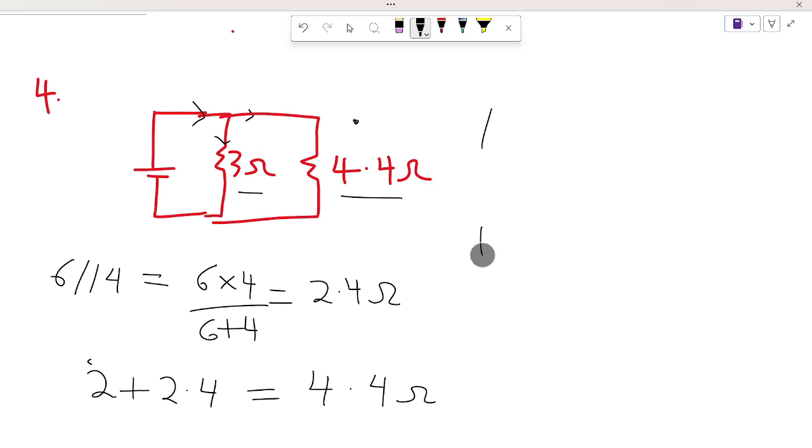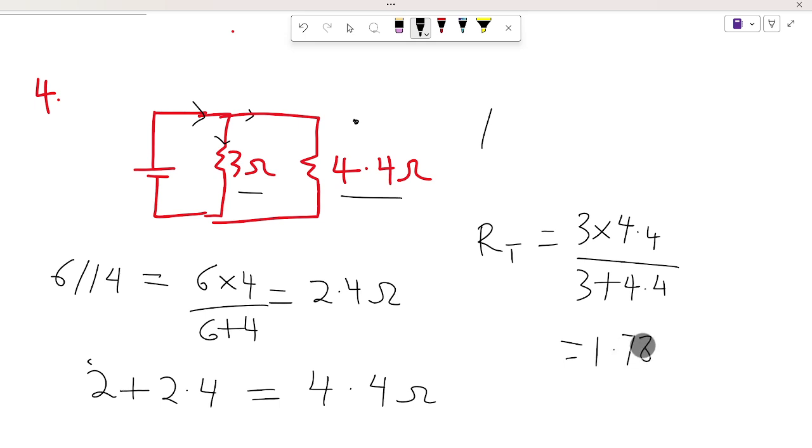So our total resistance is going to be 3 times 4.4 over 3 plus 4.4, and when you compute that, we are expected to get an answer of about 1.78 ohms.